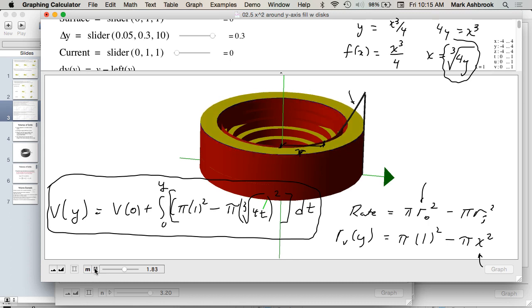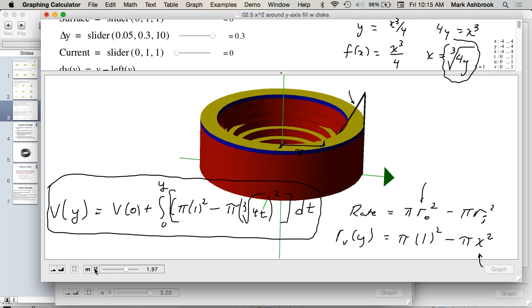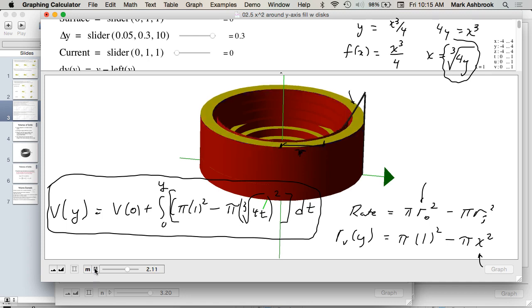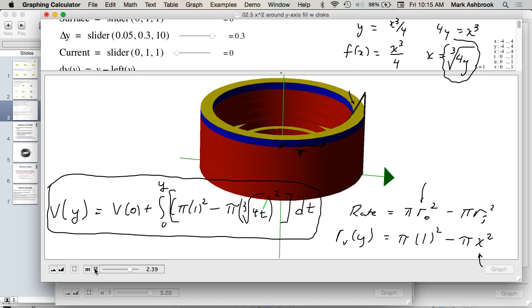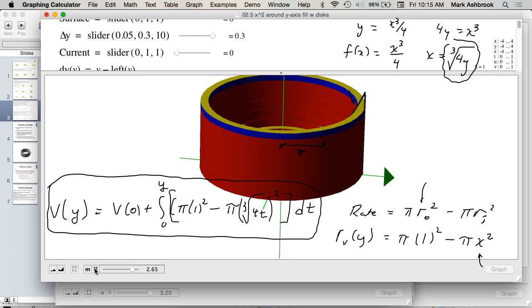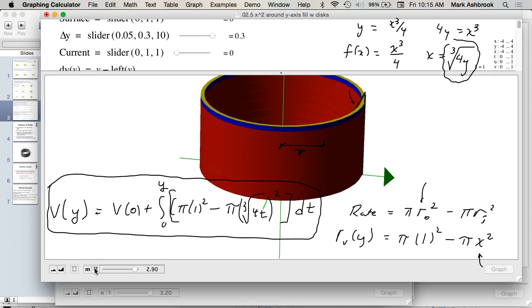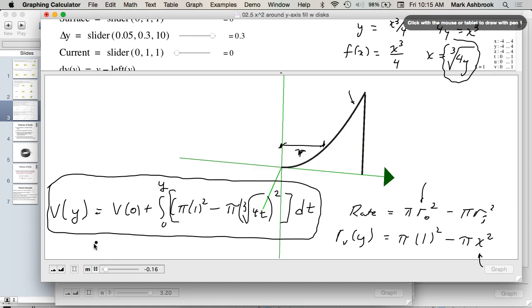Okay, and how would we get the total volume of the fully filled shell? How would we get the total volume of the fully filled shell? V of? So we know it's at x equals 1, which means that would be V of?